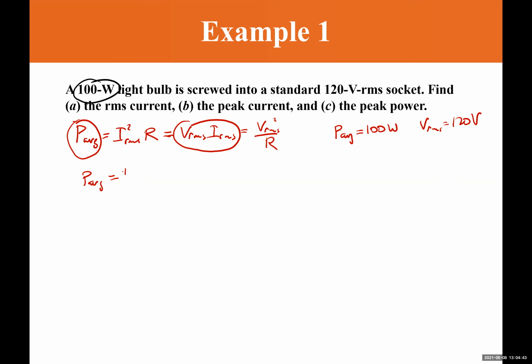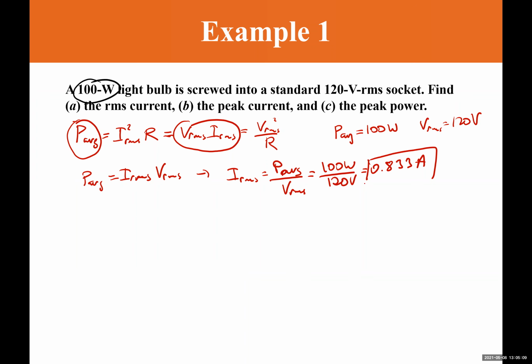So P average equals IRMS times VRMS, and from here I can solve for IRMS, which is the average power divided by the RMS voltage. So 100 watts divided by 120 volts gives 0.833 amps. That means this is my RMS current. That's part A. Part B asks for the peak current.